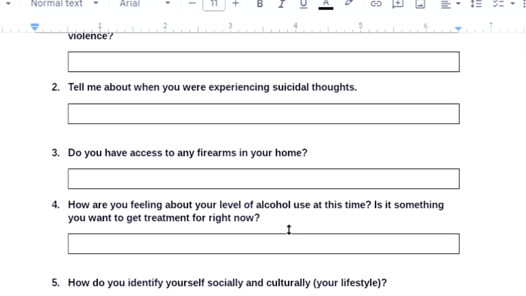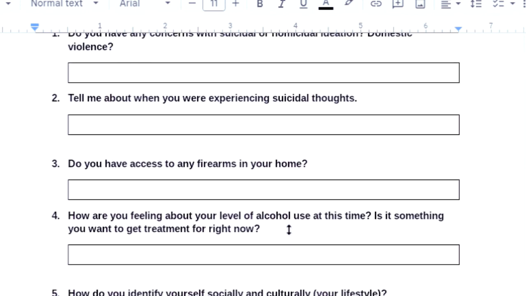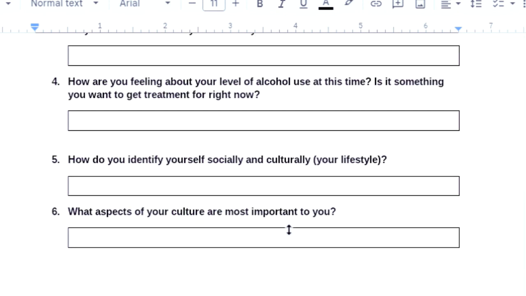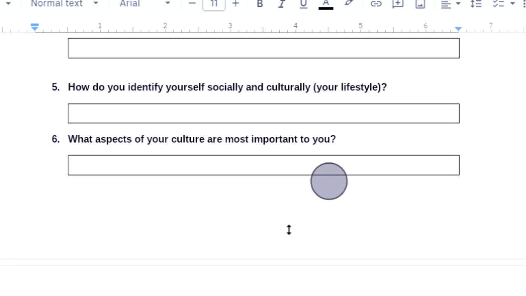And depending on how Toby answers some of these, I may decide that we want to do a safety plan. Toby answered questions about alcohol, that he was using, then he stopped, and there's some indication that he might be using again. And so I'm just wanting to check out specifically for Toby on that.